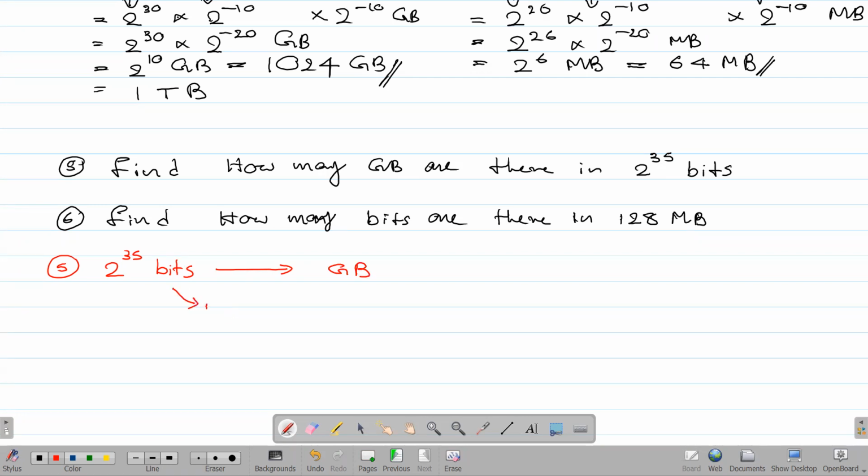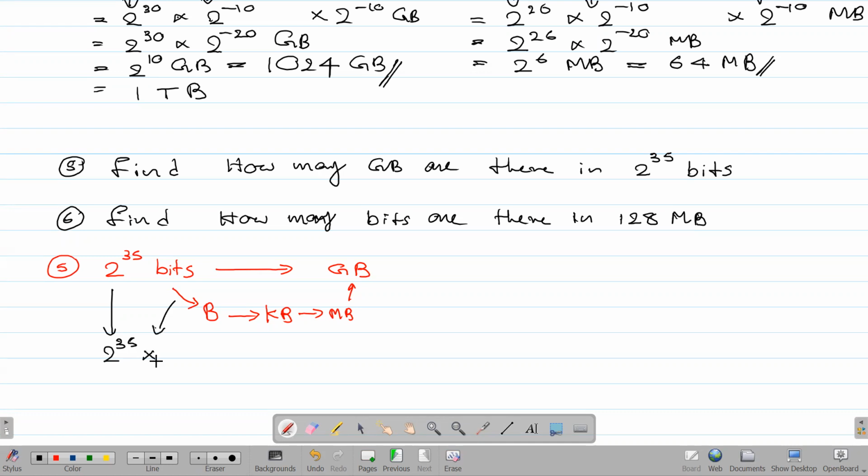Bits have to become bytes. Bytes have to become kilobytes. Kilobytes have to become megabytes. Megabytes need to become gigabytes. Right? So this 2 to the power 35 can be taken as it is.